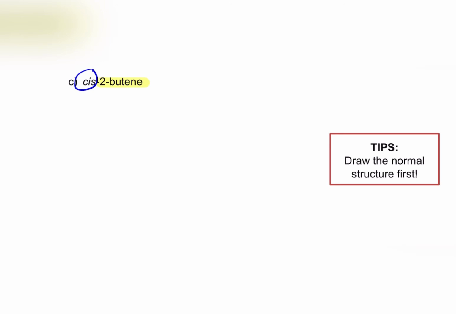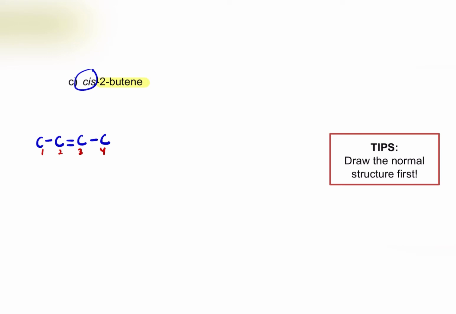So first thing first, my tips, I'm going to ask you to draw the normal structure first. So I got 4 carbons. So 4 carbons for butene. So 1, 2, 3, and then 4. And at carbon number 2, I got double bond.